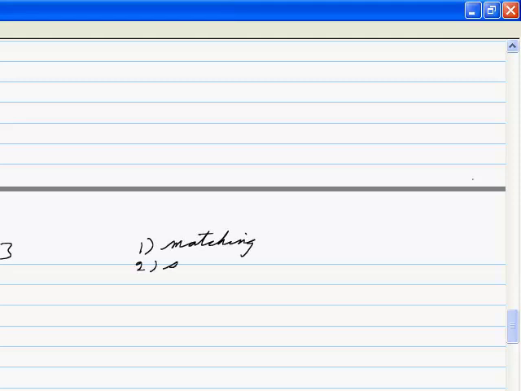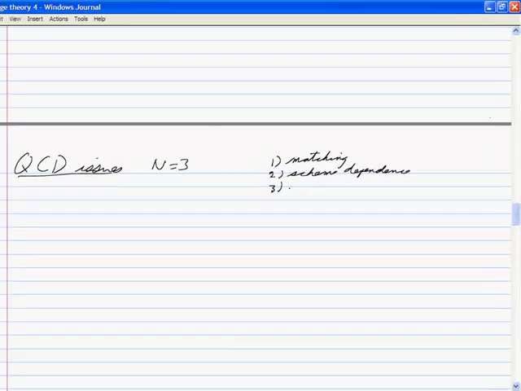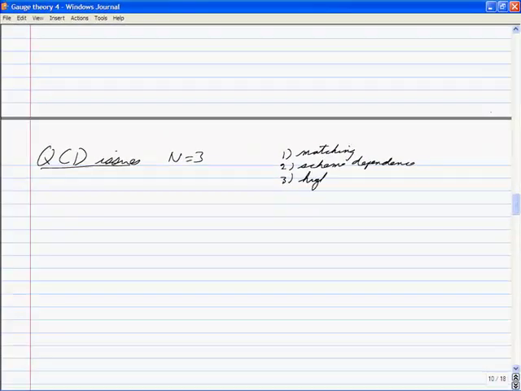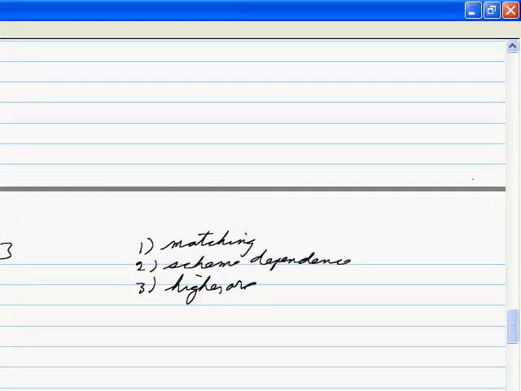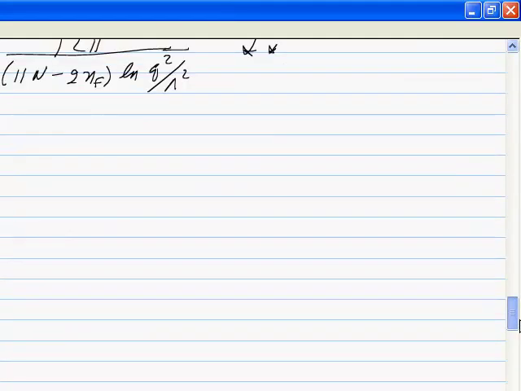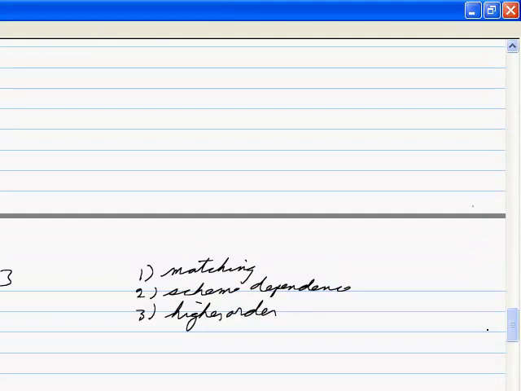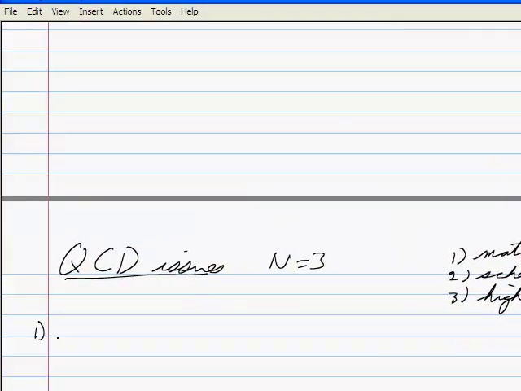I want to talk about scheme dependence. And higher order. Okay, so these are three features that can be sometimes a bit subtle about applying this.